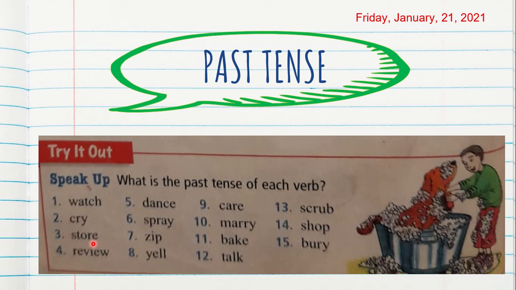Okay? And then let's go to verb number 7, sip. Sip is a one syllable verb, so you double the consonant, you write another P and add ED, sipped. Okay? So I want you to write these verbs on your notebook. In front of them, you will write the verbs in past.